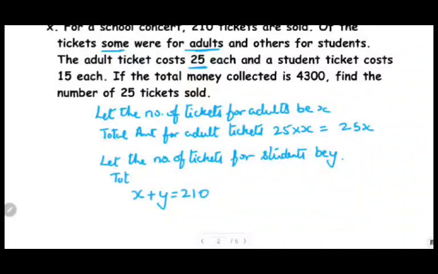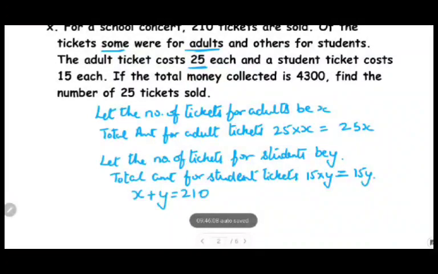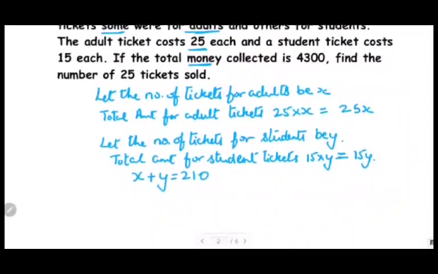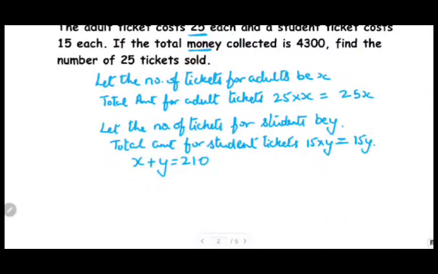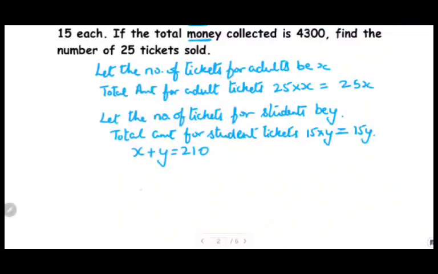So total amount for student tickets will be 15 into y, which is equal to 15y.